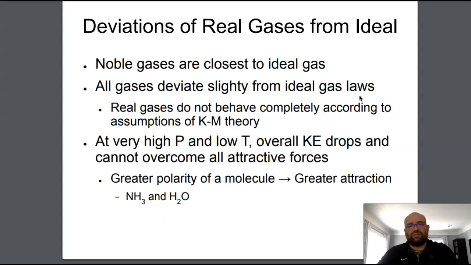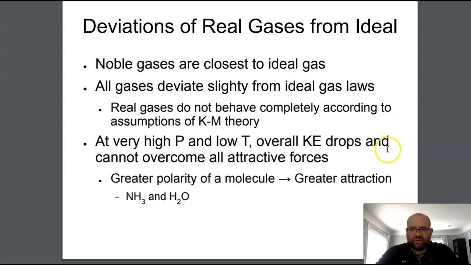So nonpolar would make it closer to an ideal gas. So the greater the polarity of a molecule, the greater attraction. That means polar molecules like ammonia gas or water vapor are going to deviate from the ideal gas because of their greater polarity and greater attraction. All gases, regardless if it's polar or nonpolar, are going to slightly deviate from the ideal gas law.